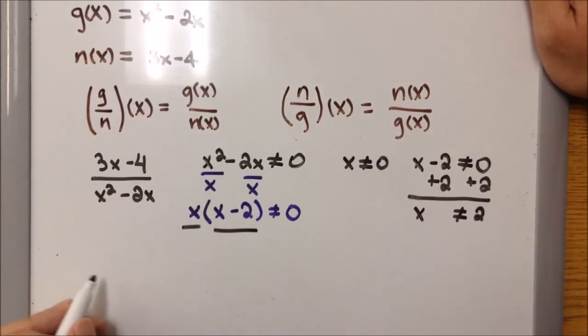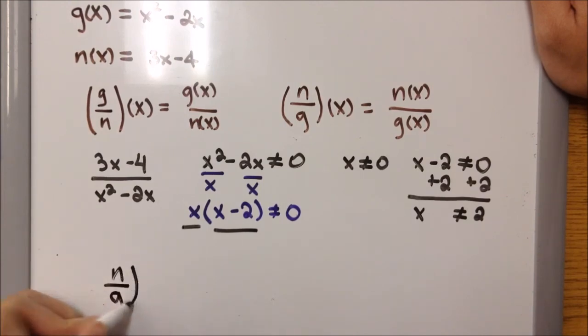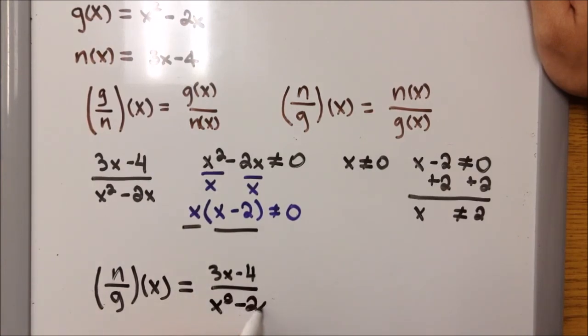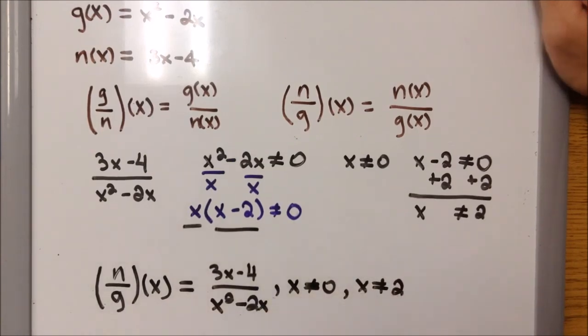Now I'm going to write out the answer. So n divided by g of x equals 3x minus 4 over x squared minus 2x, comma, x cannot equal 0, comma, x cannot equal 2.